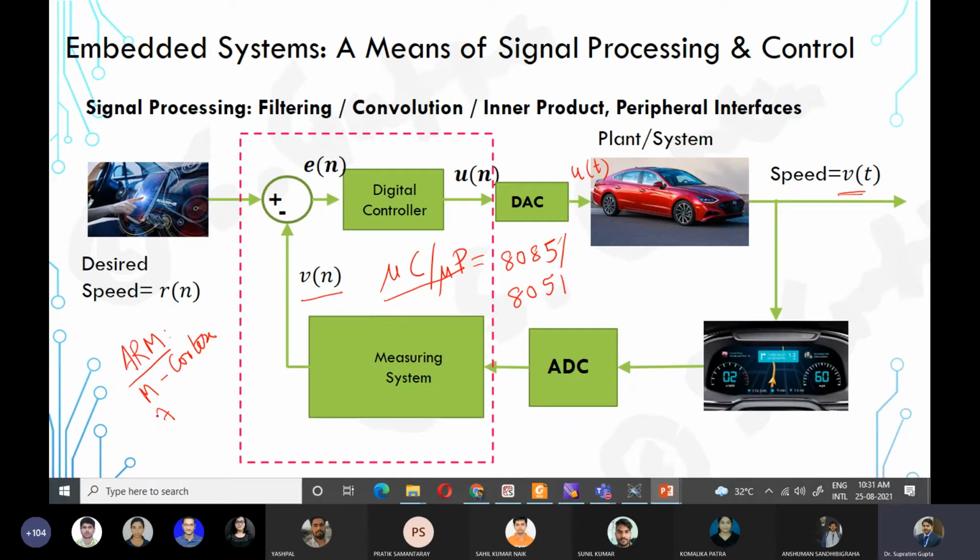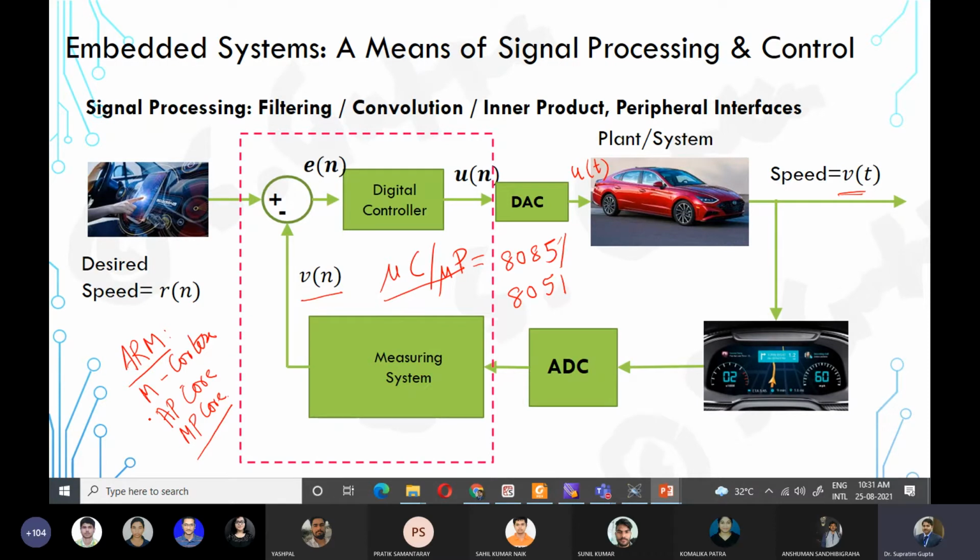We have the AP core, we can say application processor core. We can also have multiple processor cores. Now, what we have to see is what are the different architectures inside this processor, and how we can develop all these components, this digital controller and so on, into this digital processor.